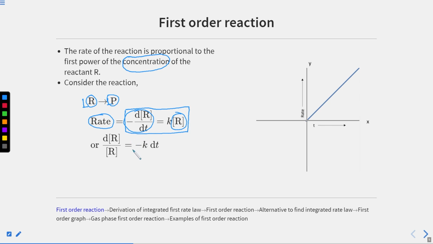Then we are just rearranging to get our coefficient in the proper manner. I told you to follow the algorithm, and we will follow it here also. First we write our differential rate equation, then we arrange our coefficients. We are interested first of all in this part.